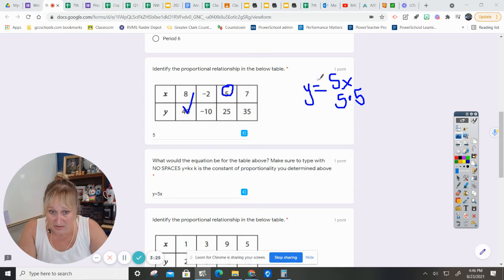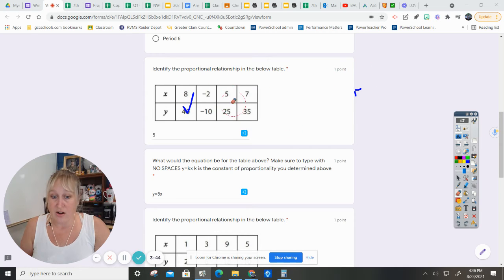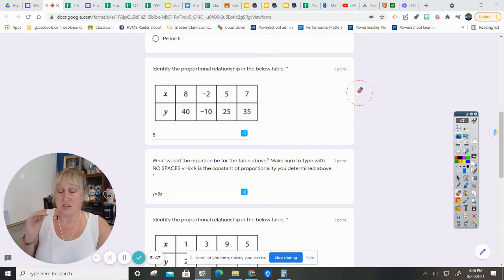It tells me in the table. Does that equal 25, which is right here? See? So, yeah, 5 times 5 is 25. So that's why that works. Our tables create our constant of proportionality, which is similar to our unit rate, but it's written differently.